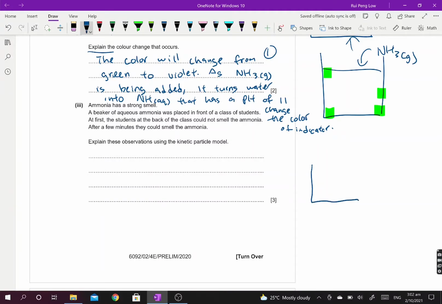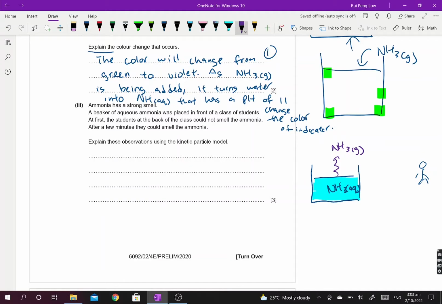So, first we need to understand that aqueous ammonia, okay, you cannot smell liquid aqueous ammonia. Now, then how do the student at the back manage to smell it? It must first evaporate. So the aqueous ammonia will evaporate to give you your ammonia gas.